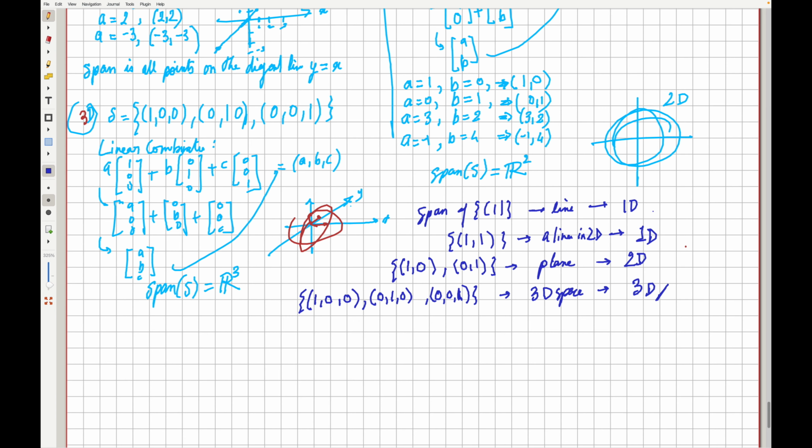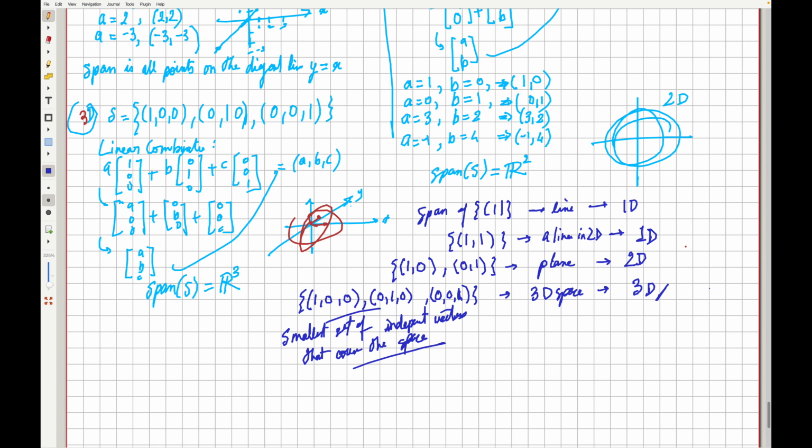So the basis vector then is simply the smallest set of independent vectors that cover the space they are in.